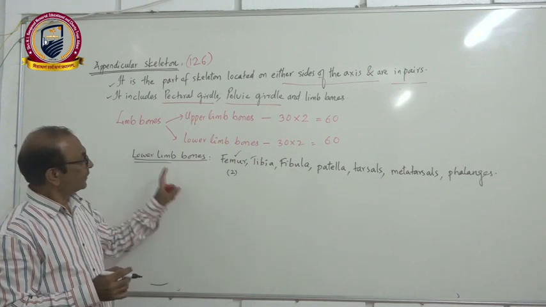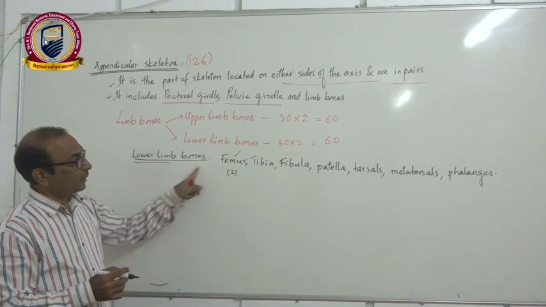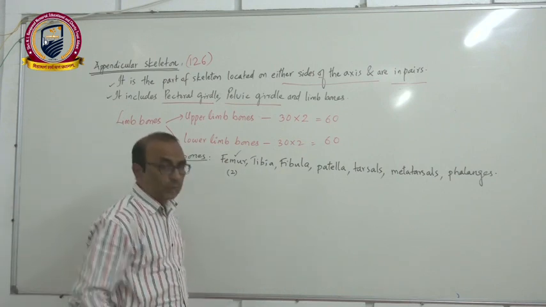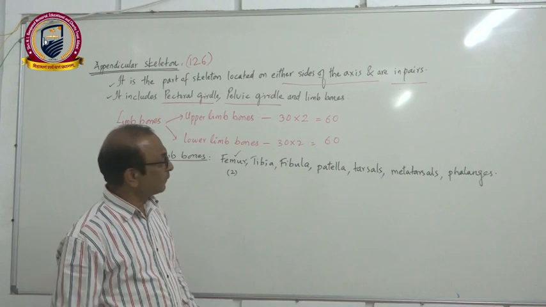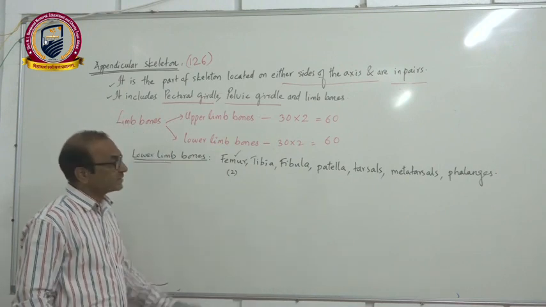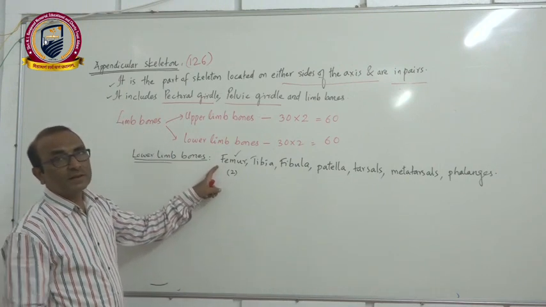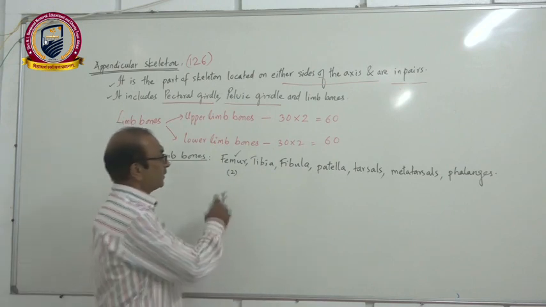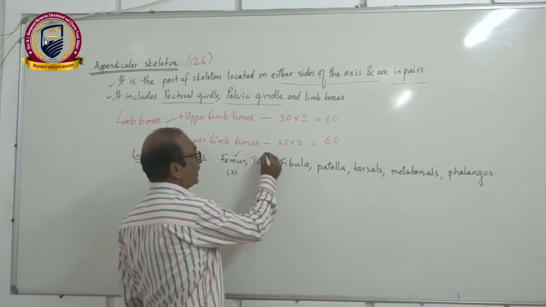The upper part of the lower limb we call as the thigh, and that bone which is there supporting the thigh inside, that is called as the femur, and that is the longest limb bone. Okay, so two femur and then tibia.